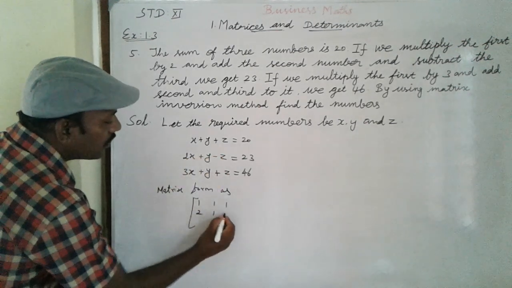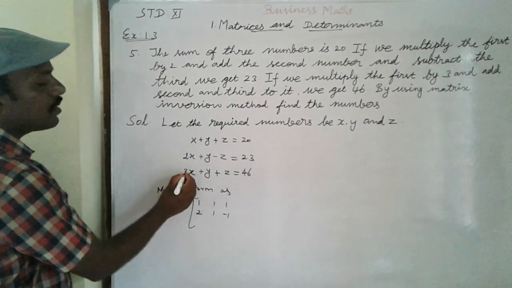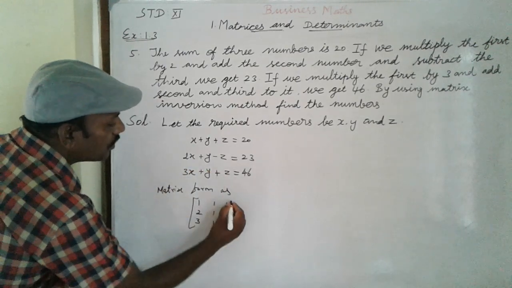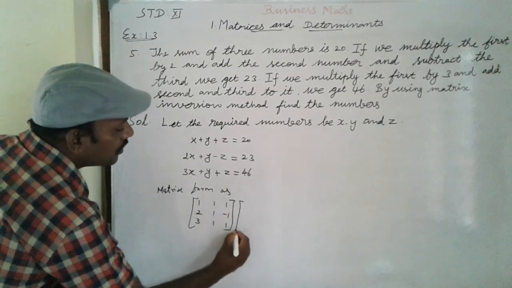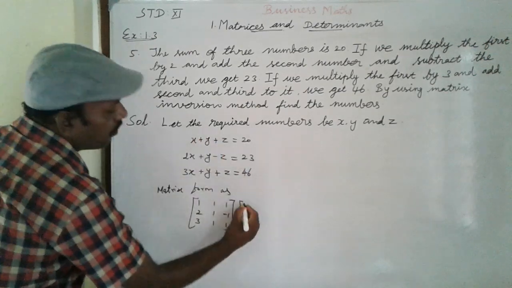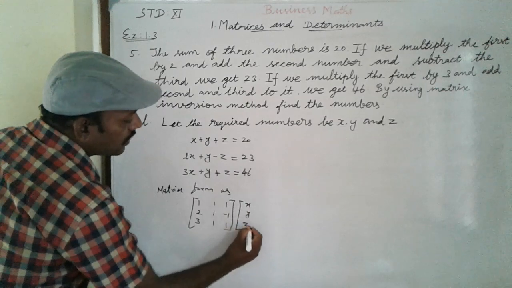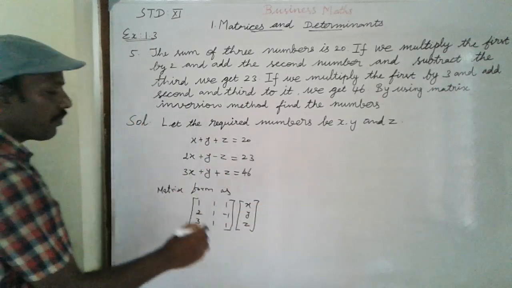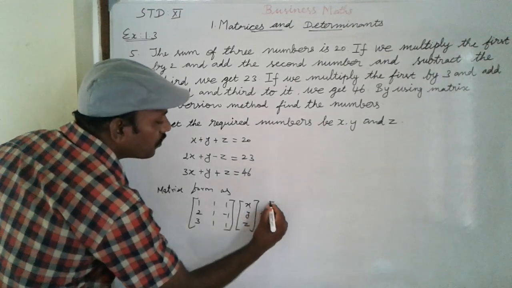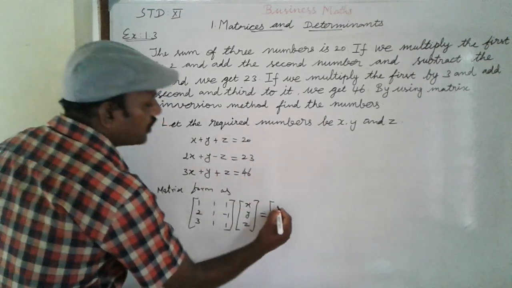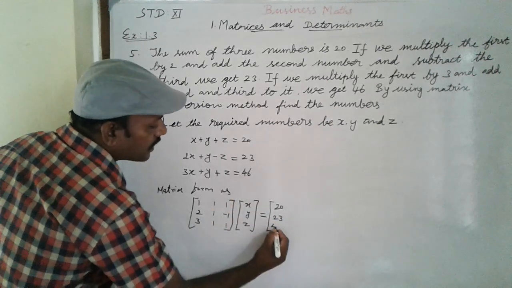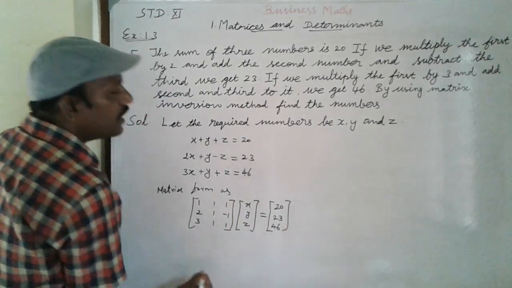Third row is 3, 1, 1. Multiplied by x, y, z, we get 20, 23, 46.